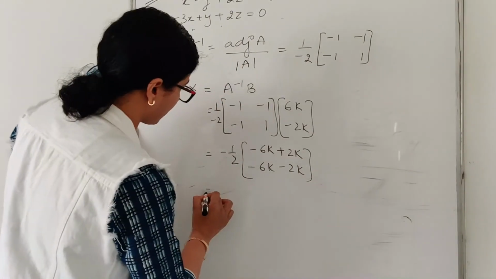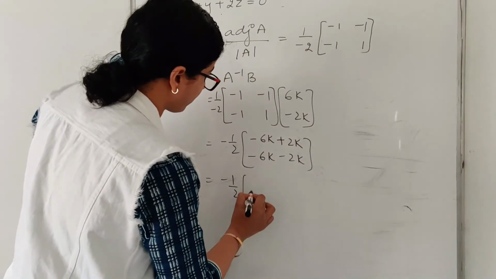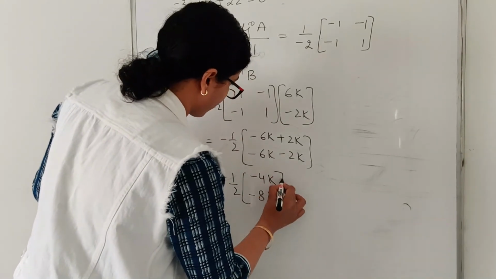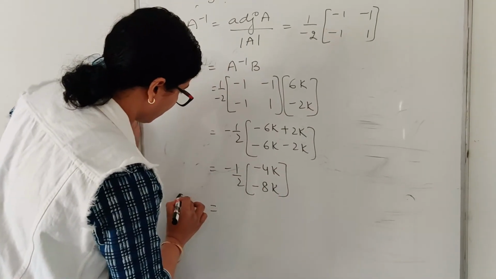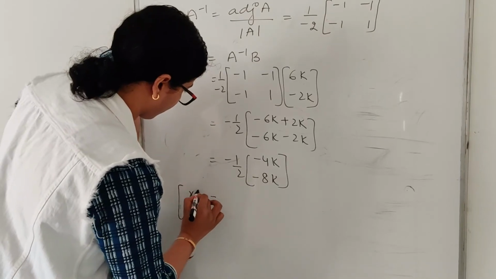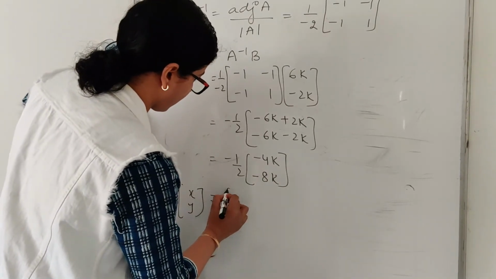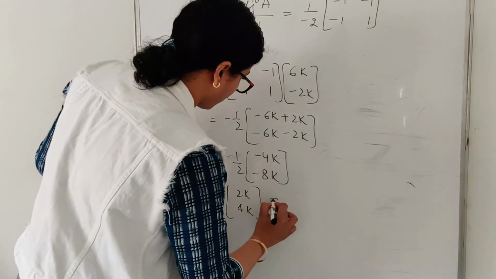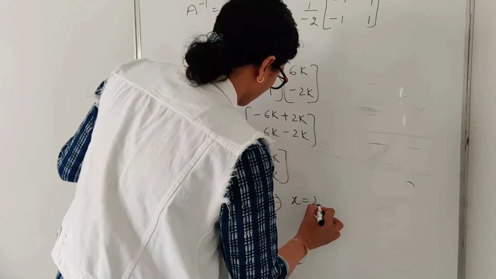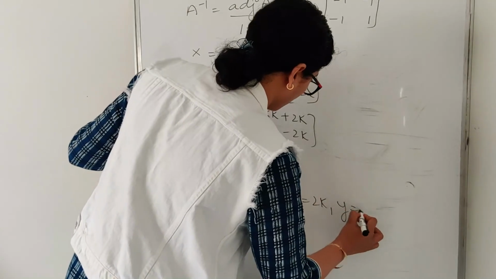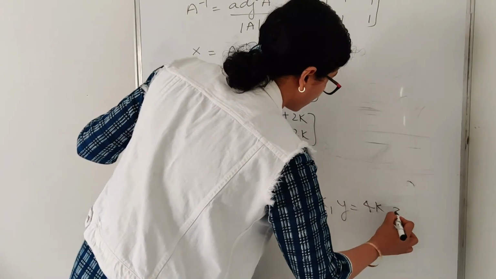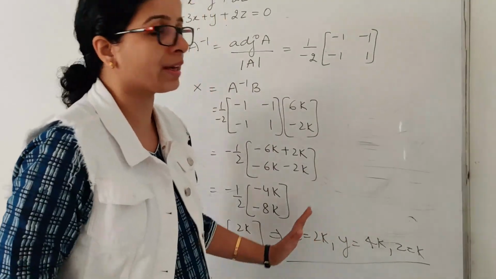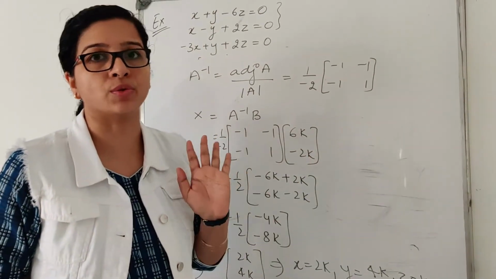So basically what am I getting? Minus 1 by 2 times [-4k; -8k]. So I am getting 2k, 4k, which implies x is equal to 2k, y is equal to 4k, and we have assumed z is equal to k. So by giving different values to k, I will get infinitely many solutions.